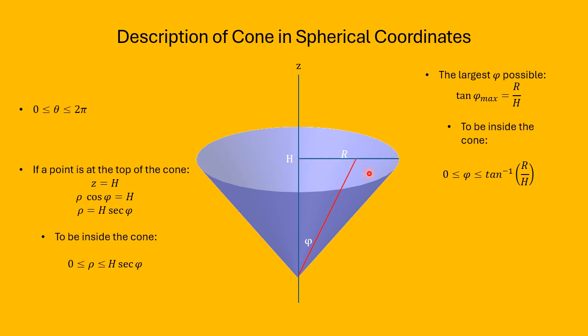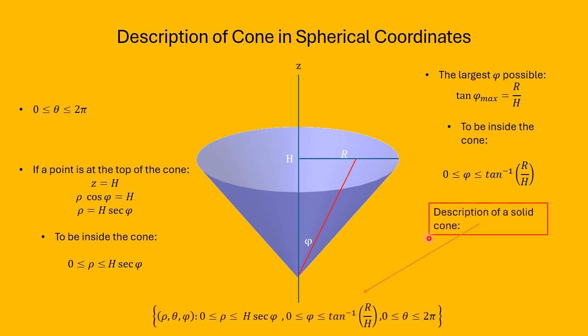If we have a point right on this edge of the cone, then phi is the inverse tangent of r over h, because the phi value for a point right here is the same as the phi value for a point right here. And if you look at this point, you have a right triangle with sides r, h, and a hypotenuse going up to here.